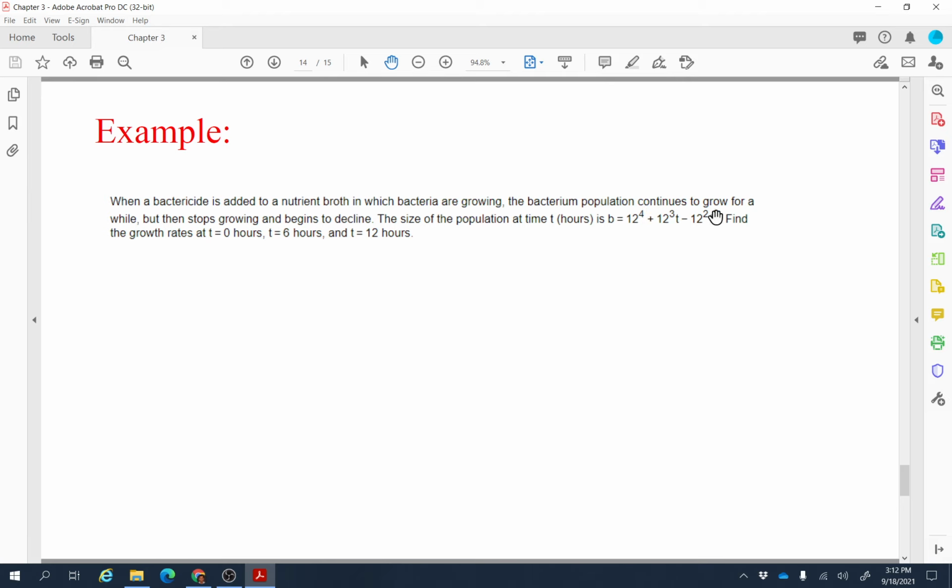B is the population. Find the rate of growth when time is 0, when time is 6, and when time is 12. So you just have to find the rate of growth, meaning the derivative of this function B with respect to time.